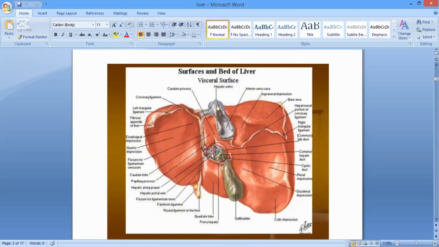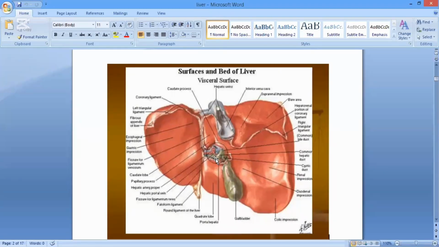Then with the arteries, as I told you, there are sympathetic and parasympathetic nerves coming from the celiac plexus, which enter. Okay? Besides that, the bile ducts, the hepatic ducts, are bringing the bile out from the liver towards the gallbladder. And certain lymphatics enter this region.